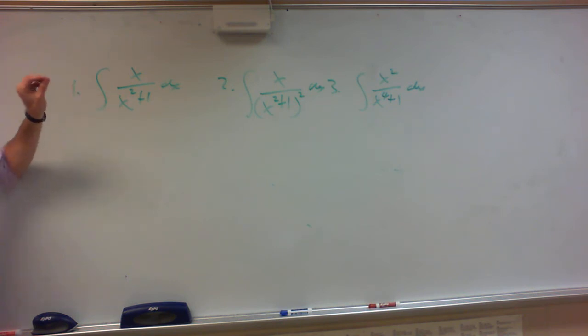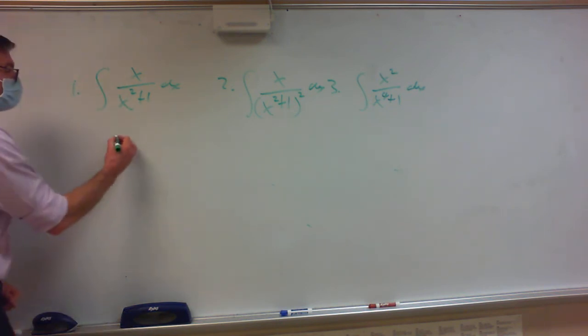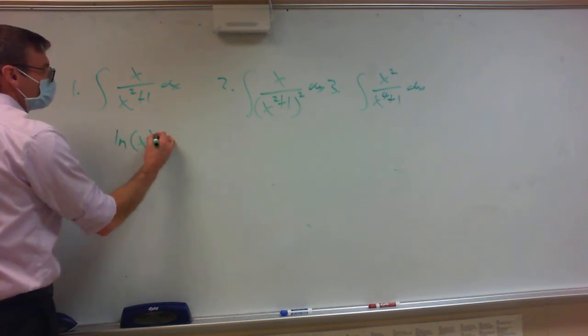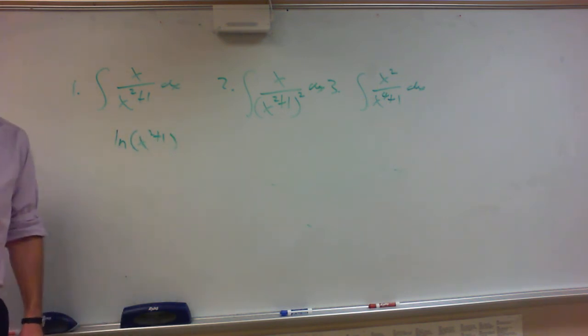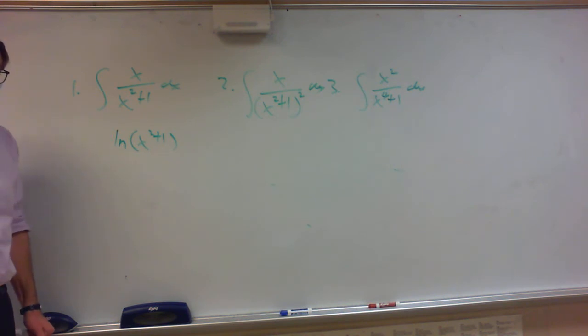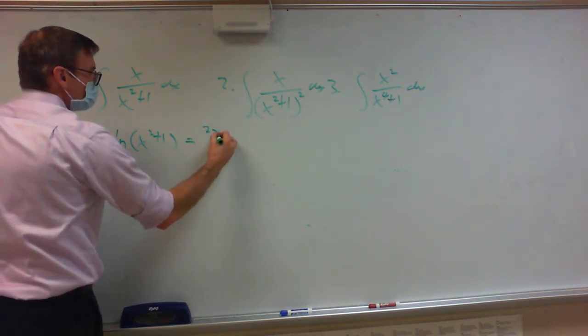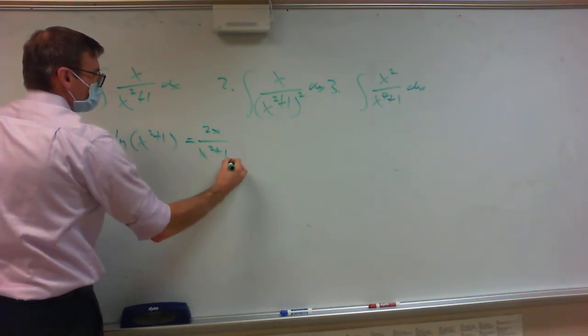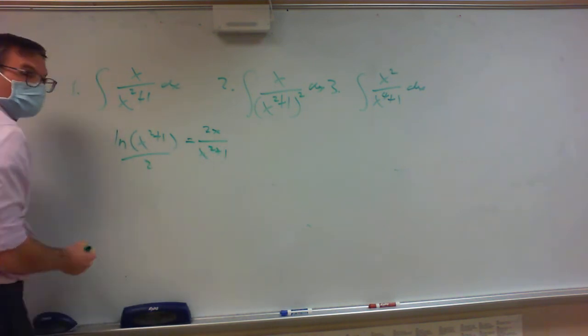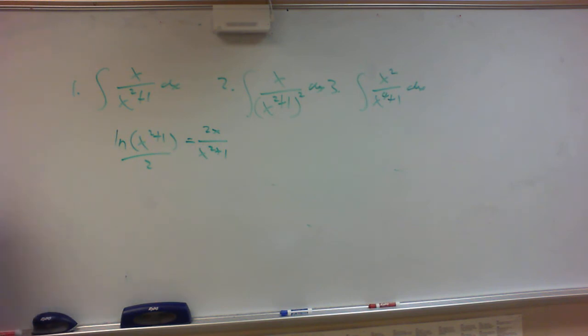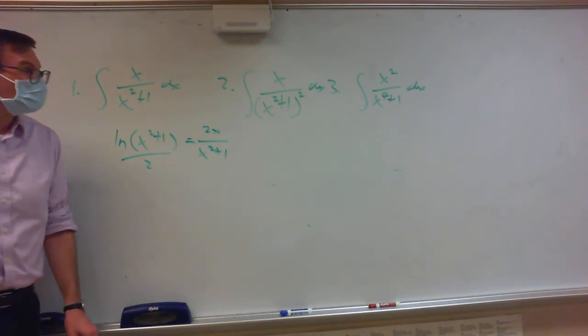What's your guess every time the derivative of the bottom is sitting on top? So your guess for this one is going to be natural log of x squared plus 1, and then over 2, right? Yeah, it'll be over 2 because this will give us a 2x. So we have to divide that by 2. Does everybody see that?